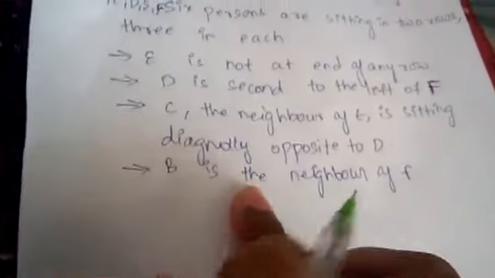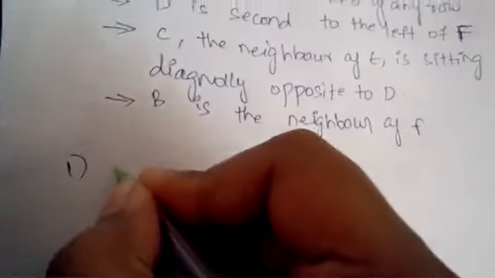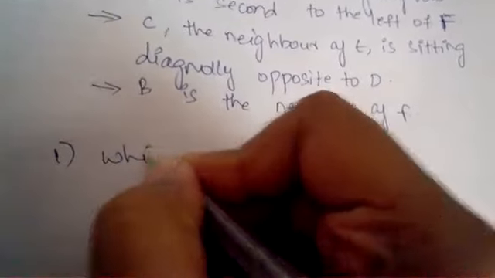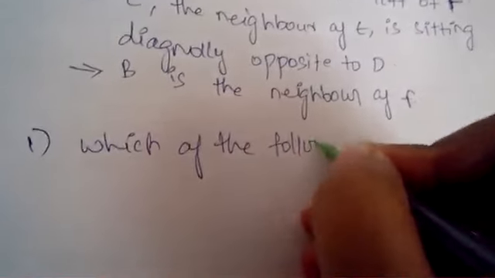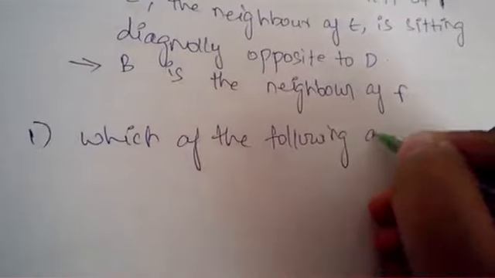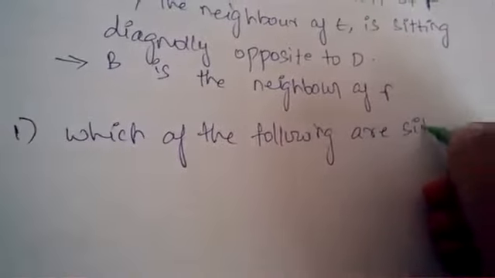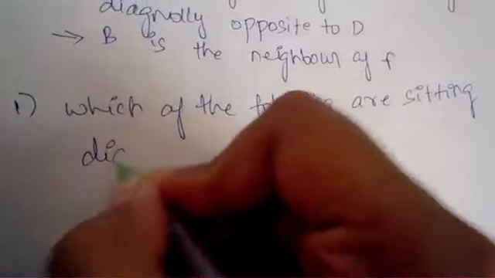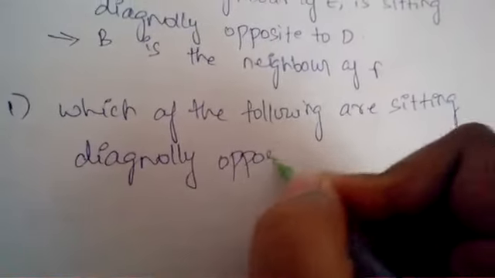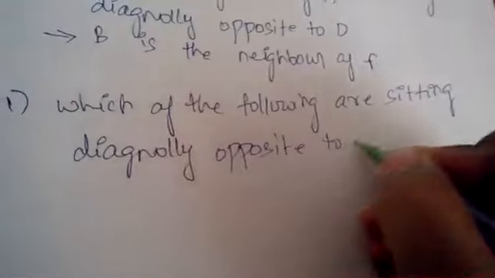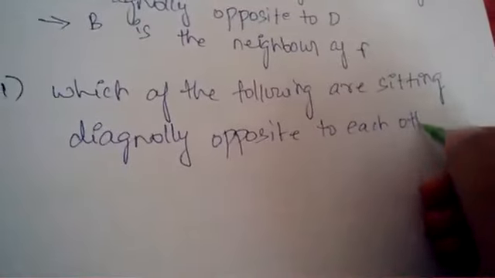Let's see the first question. Which of the following are sitting diagonally opposite to each other? Let's see the options.